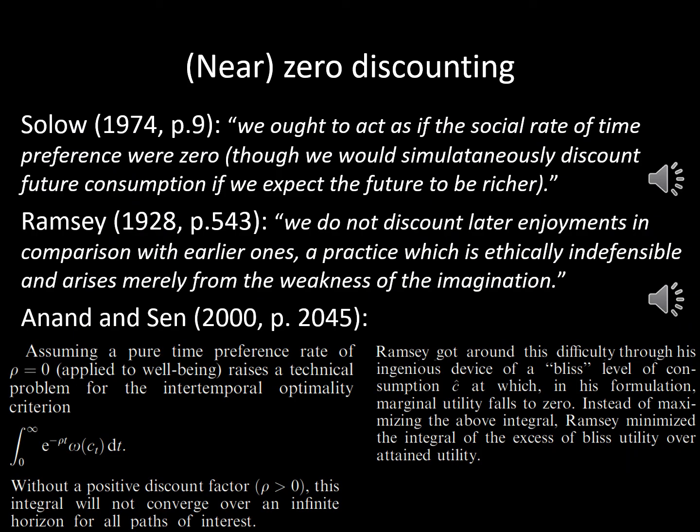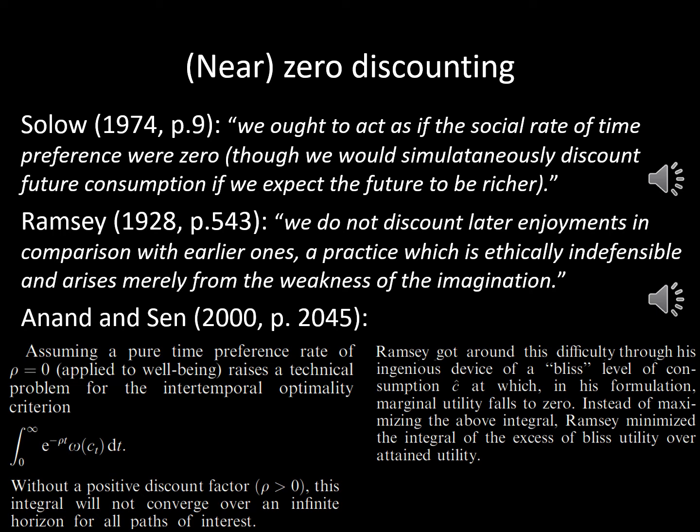So what discount rate is appropriate? Many economists have argued for using near zero discount rates. For example, Solow wrote, "We ought to act as if the social rate of time preference were zero, though we would simultaneously discount future consumption if we expect the future to be richer."